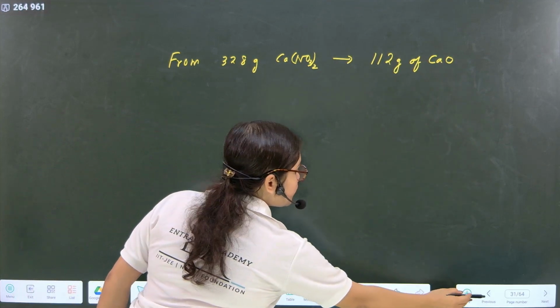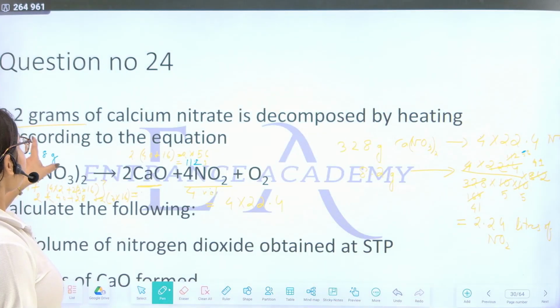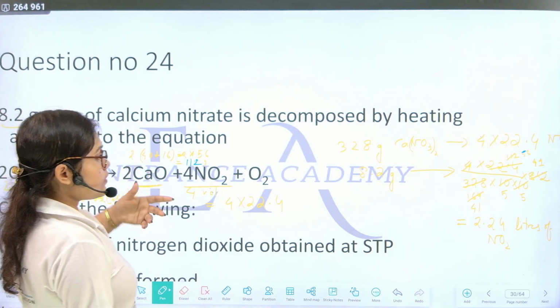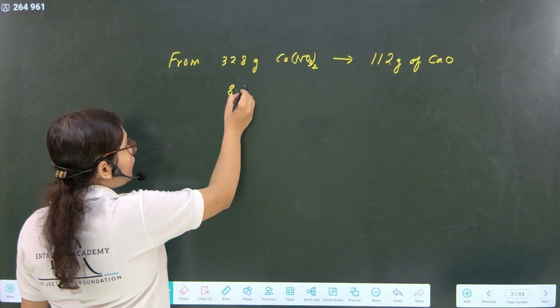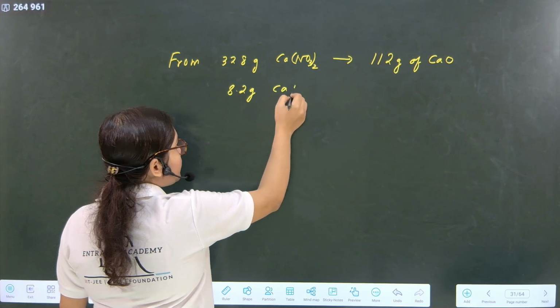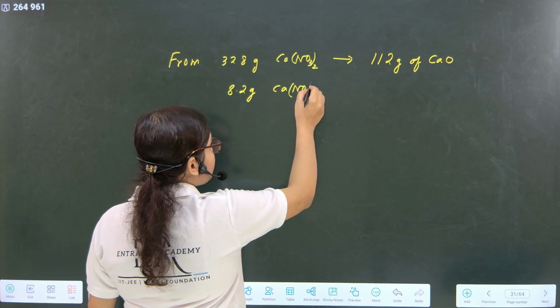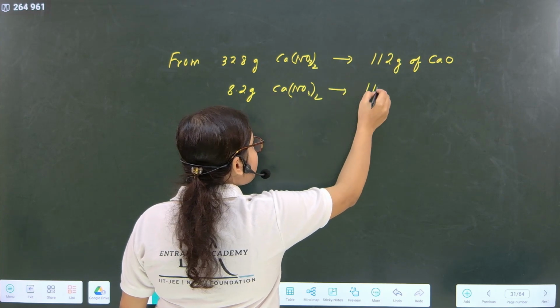Then according to this question, 8.2 grams of calcium nitrate is decomposed. So if 8.2 grams of calcium nitrate is decomposed, then what should be the answer?